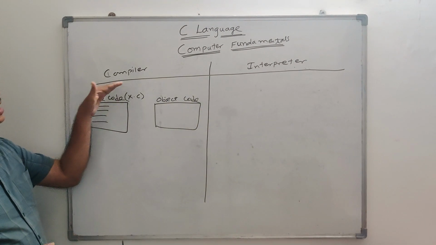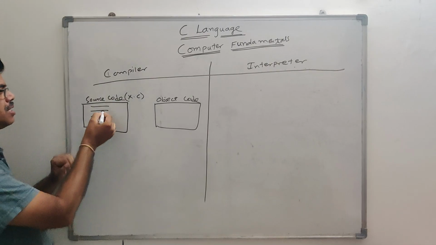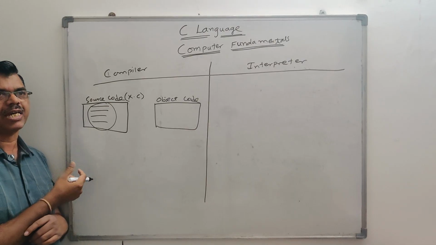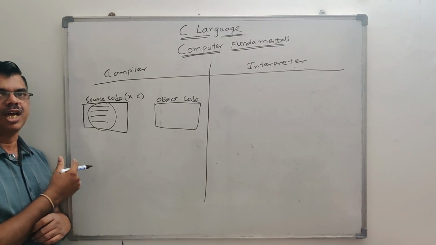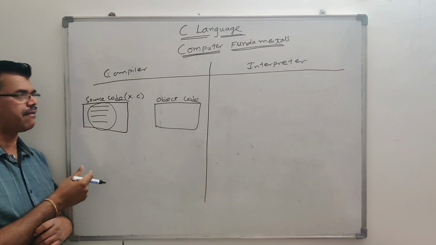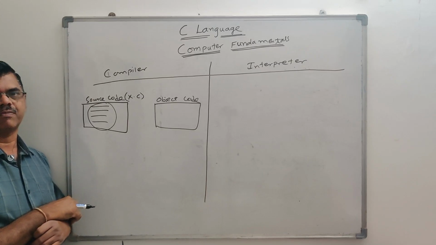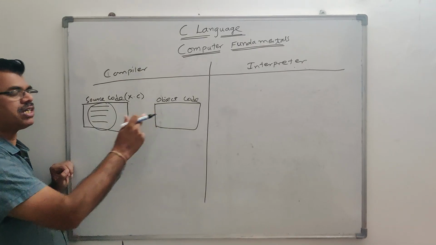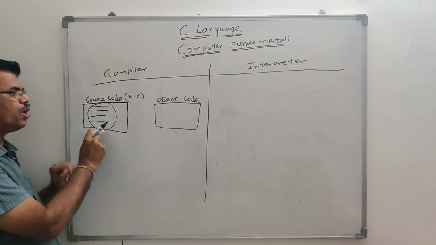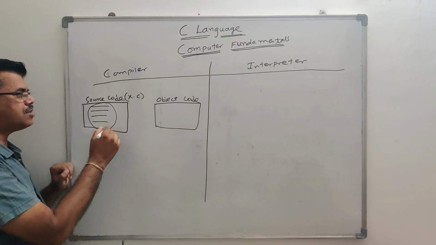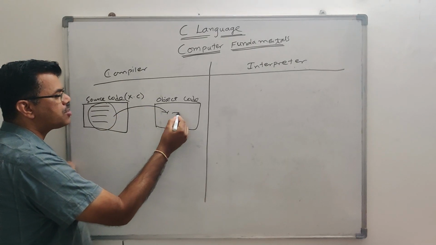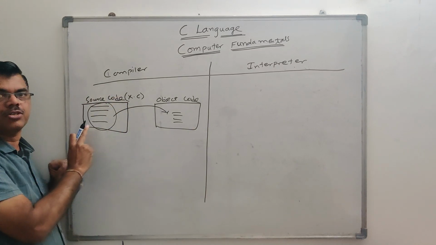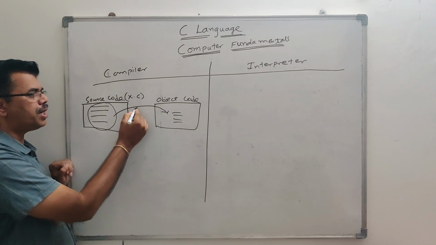When you go with a compiler, it checks the complete source code for errors. Errors mean you are violating the rules of the programming language. If you have errors in the source code, the conversion will not happen. If there are no errors, then at a time it converts the source code into object code.